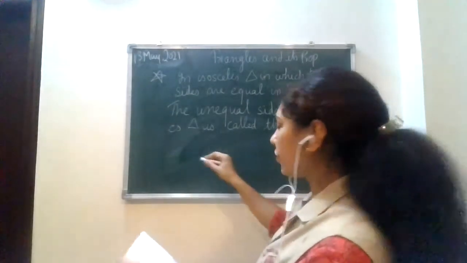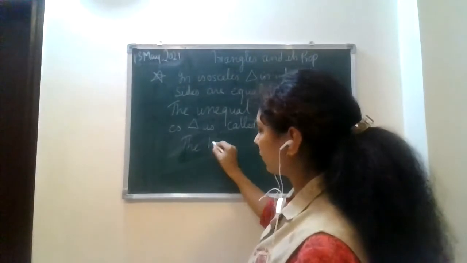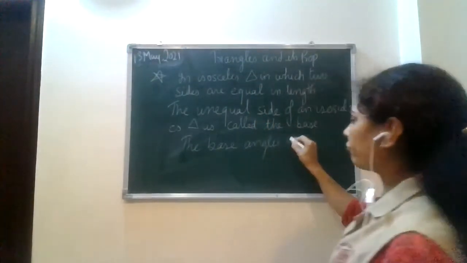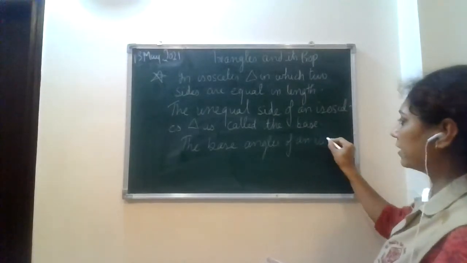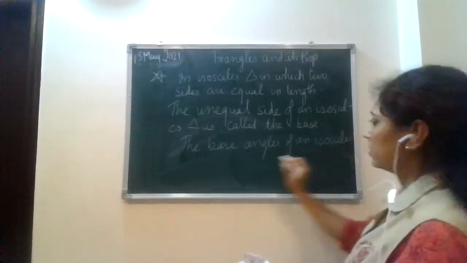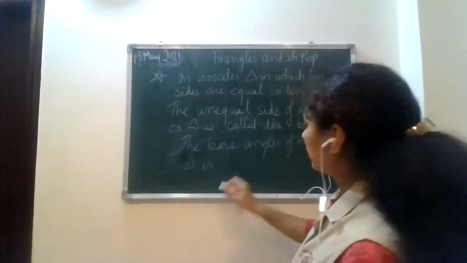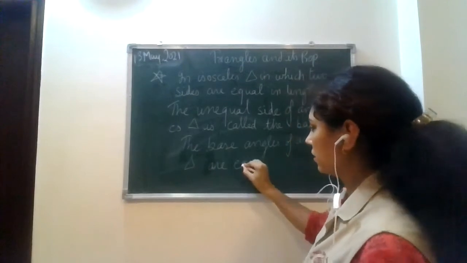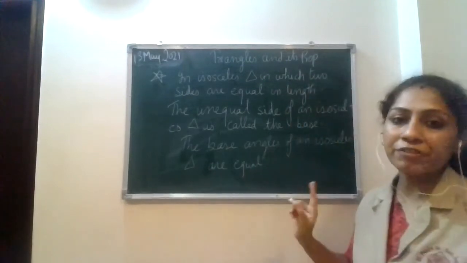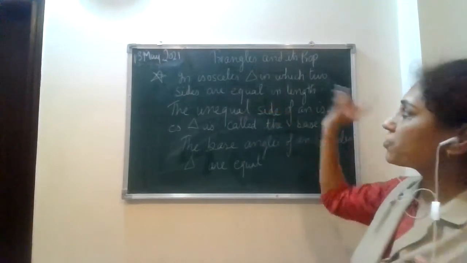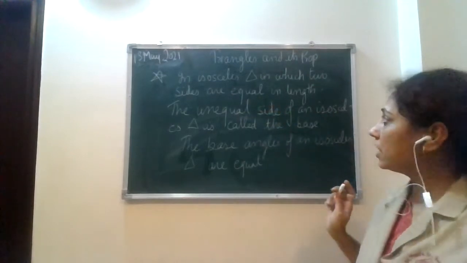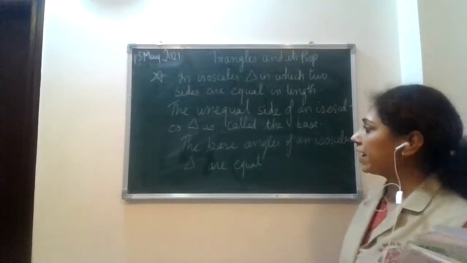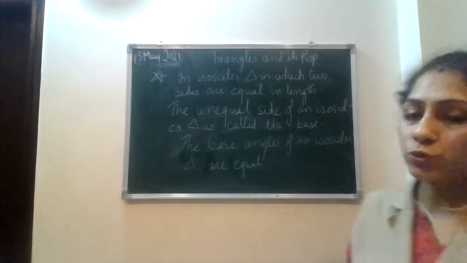The base angles of an isosceles triangle are equal. Now the meaning of it is, in an isosceles triangle in which two sides are equal in length, the unequal side is called the base, and the base angles of an isosceles triangle are equal.